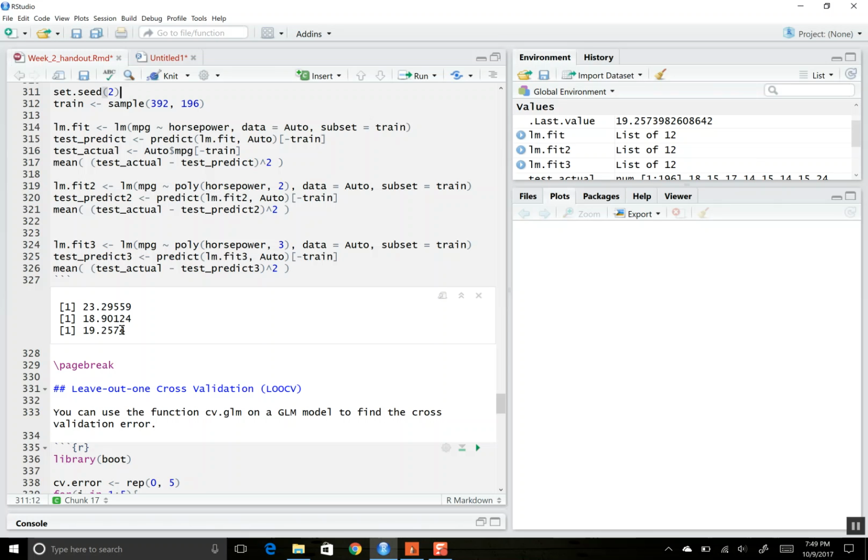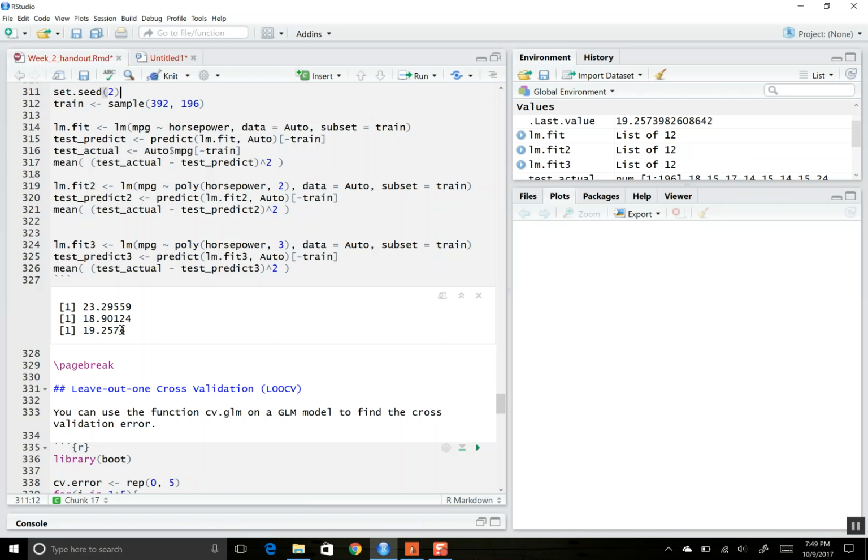Leave one out cross-validation. Basically what it does is it says, you originally have 392 data points. We're going to create a training set with 391 and a test set of just one value.